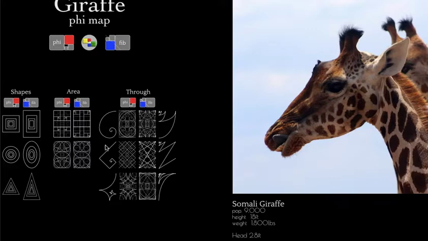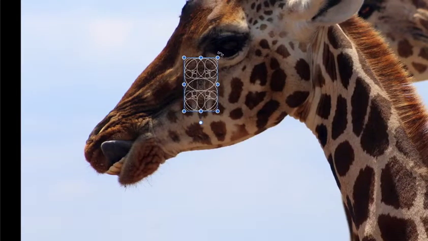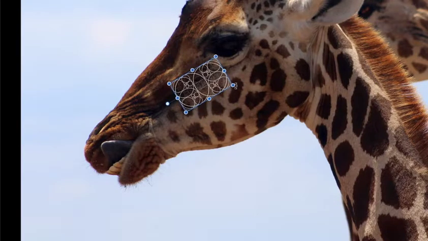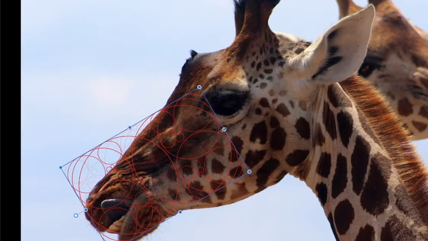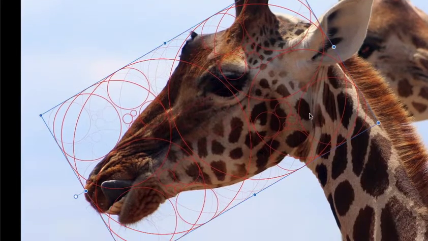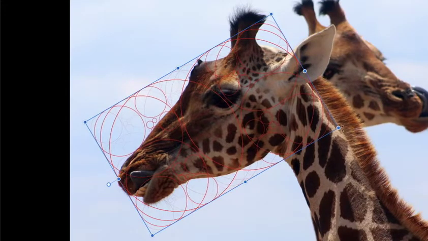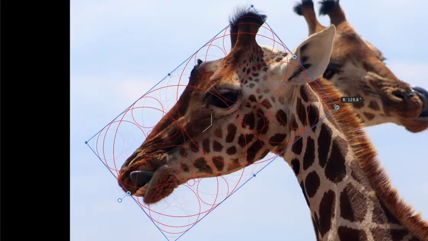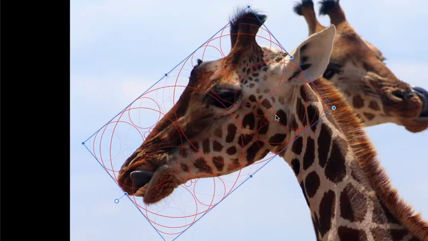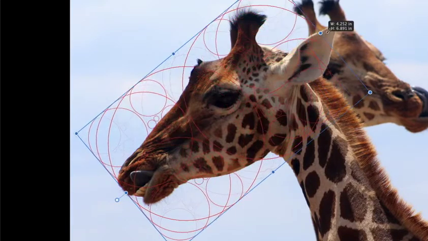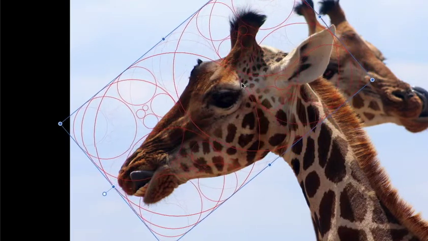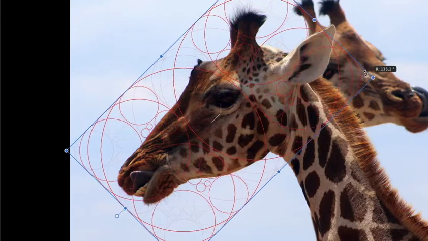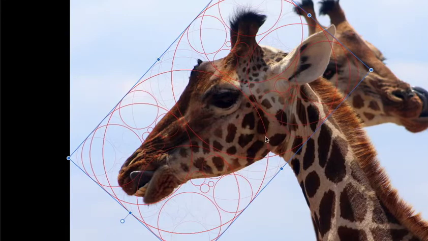And let's have a look at a basic circle map here. Get this one and this one to line up.